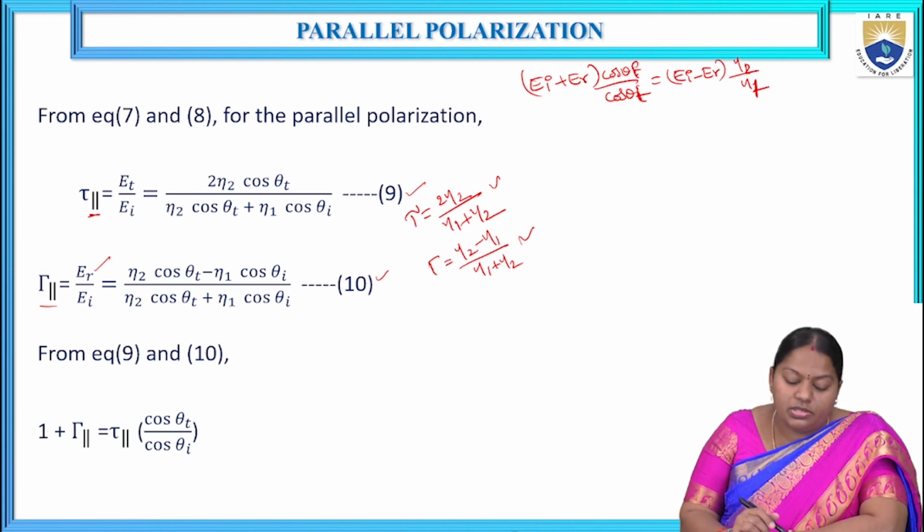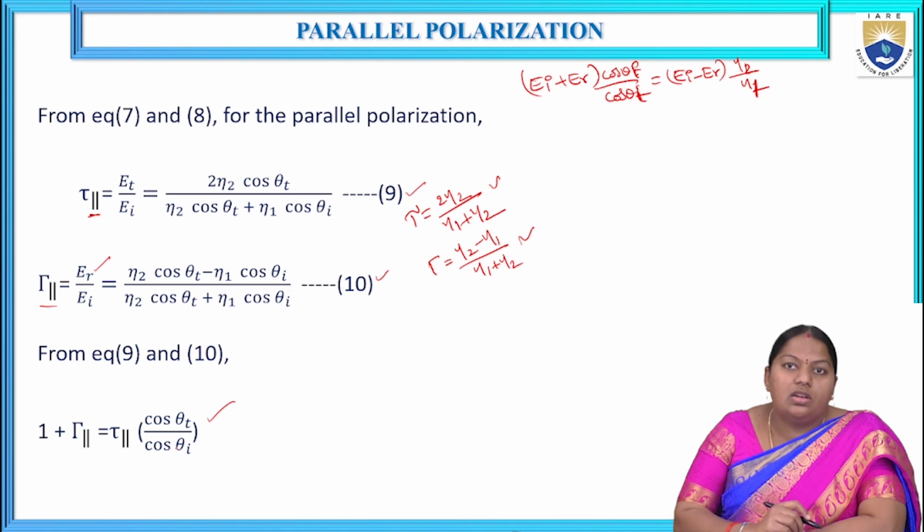Now from these two relations, equations 9 and 10, we have drawn one relation as 1 plus gamma parallel equal to tau parallel into cos theta t by cos theta i.